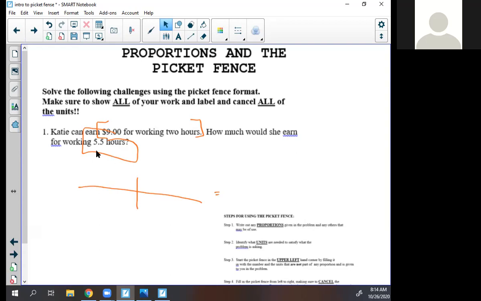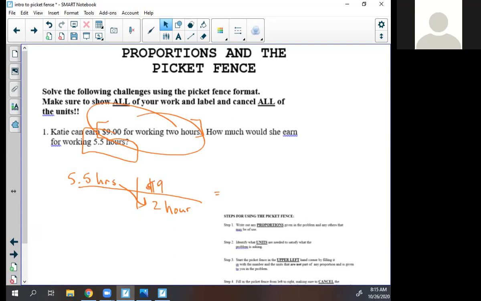Okay, here we go. So what number is not part of the proportion? 5.5 hours. Then tell your partner, please, what unit must come down here then? Don't say 2 yet. Just hours. Okay, then we would come up and find that it is 2. And 2 hours was tied to what number in my proportion? $9.